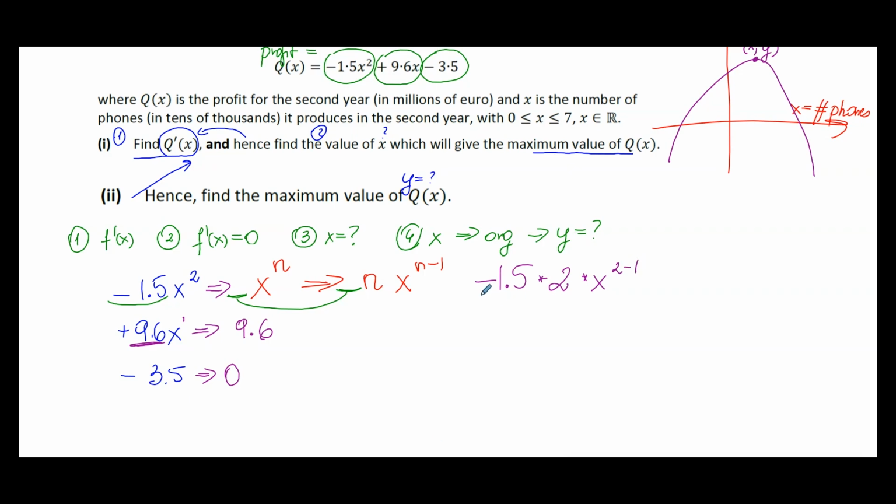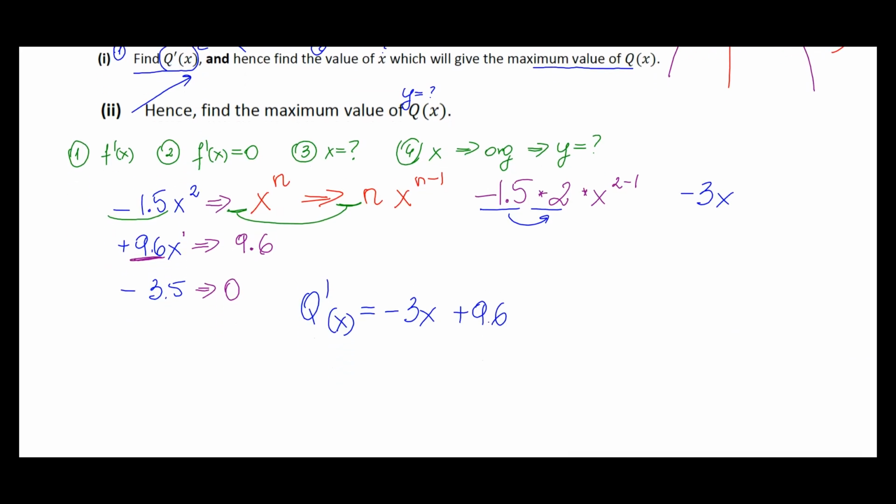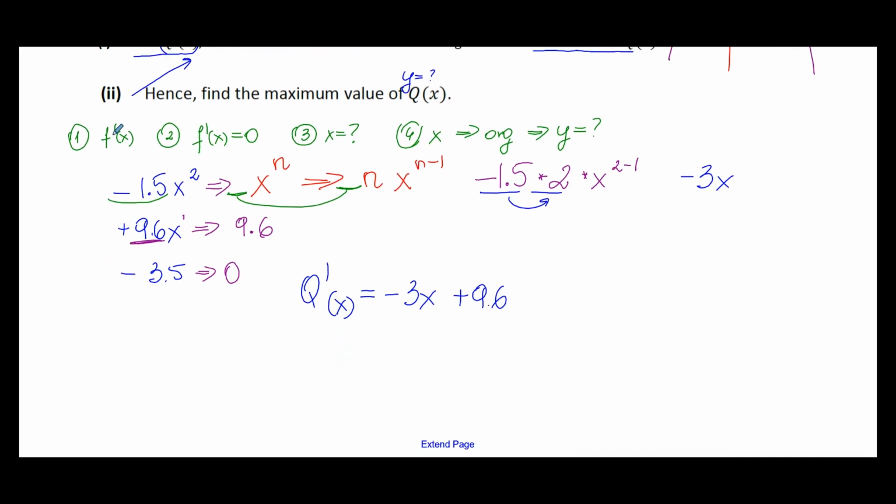So that means we put in the calculator minus 1.5 multiplied by 2, that will be minus 3, and then 2 minus 1 will be 1, so we can leave it without power. So therefore, now let's put together our derivatives. That will be minus 3x, the second element plus 9.6, and then 0 we can ignore because that means nothing. So we've done the first part, created the derivative.